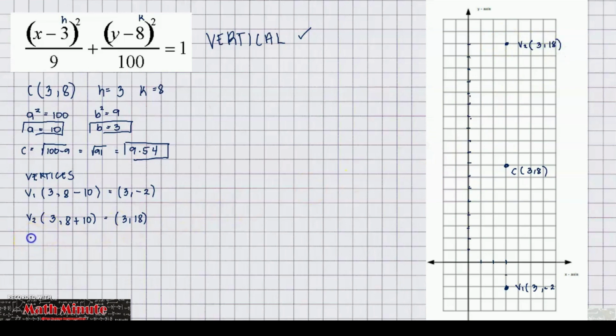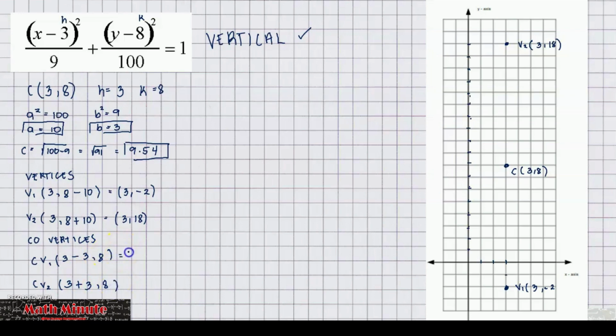Next will be your co-vertices. So for your co-vertices, it will be the opposite. So we copy H, which is 3. Then we subtract and add the value of your B, which is 3. Then just copy the value of your K, which is 8.